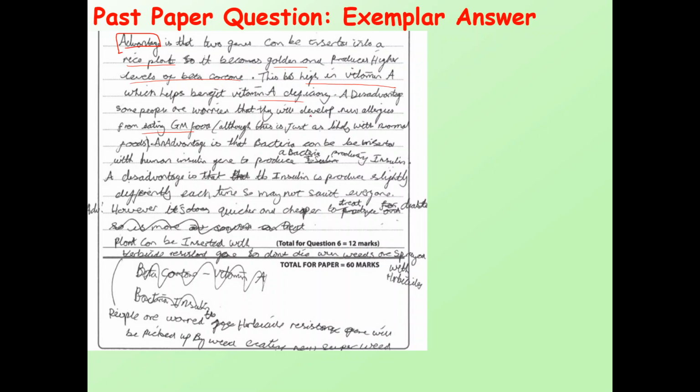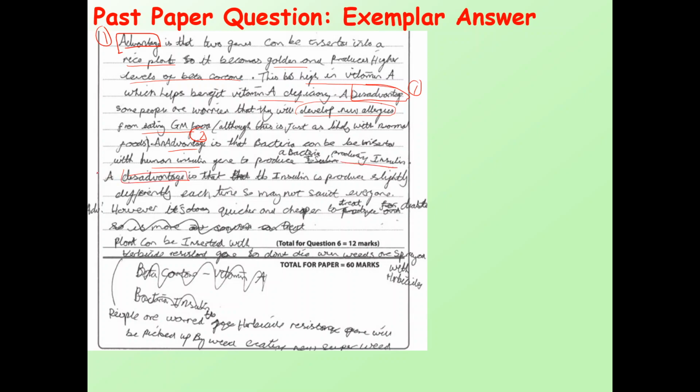Okay, we didn't discuss that in the example that I did, but that's very important, that actually some of these genetically modified crops might lead to a new allergy. An advantage is that bacteria, so this is one advantage up here, and we've got a second advantage. Obviously down here we've got a disadvantage, our first disadvantage. Bacteria can be inserted with human insulin, produce bacteria that produces insulin.